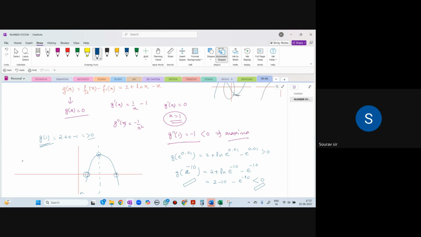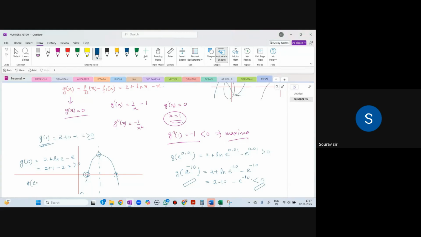Now, g(e) is 2 plus ln e minus e, which is 2 plus 1 minus 2.7, which is greater than 0.